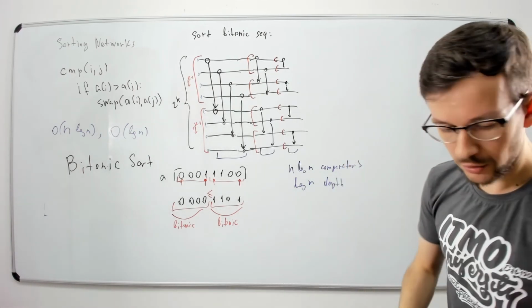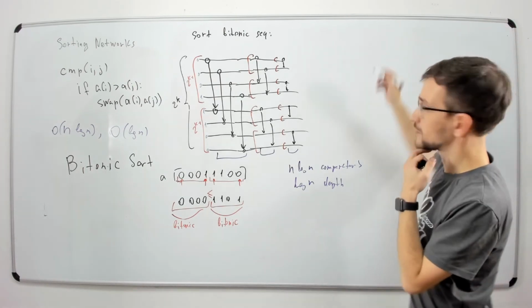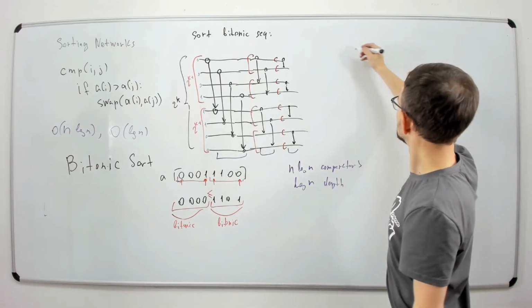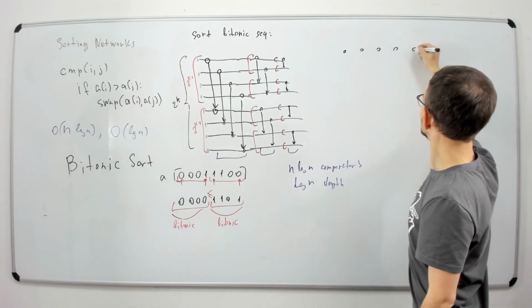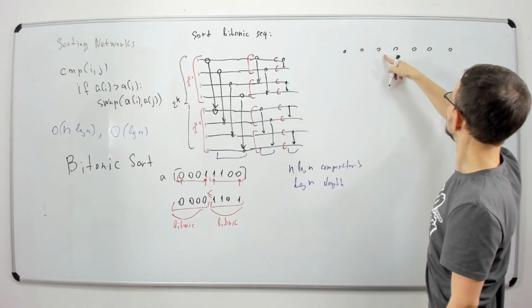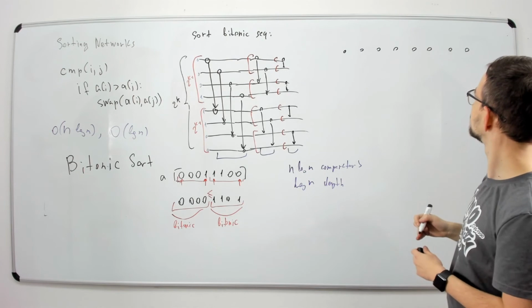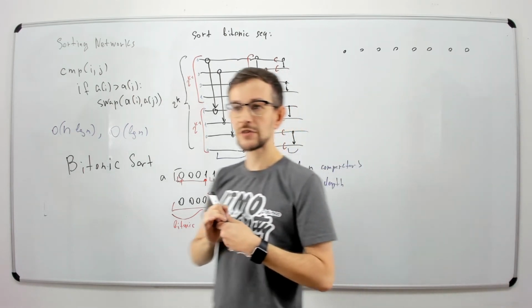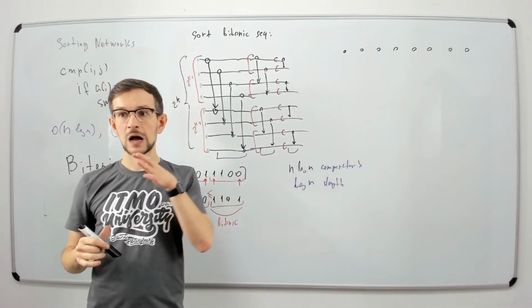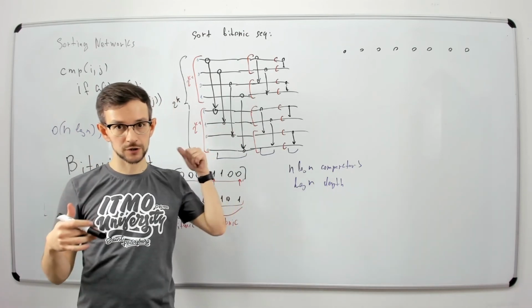Well, you can do it using the following technique. So imagine you have some array again of size 8. So you have some 8 elements. How to sort this array using Bitonic sort?